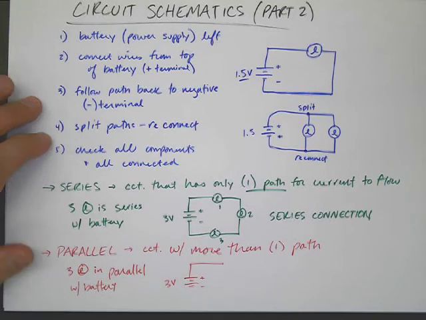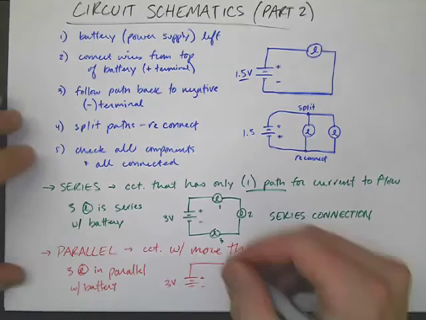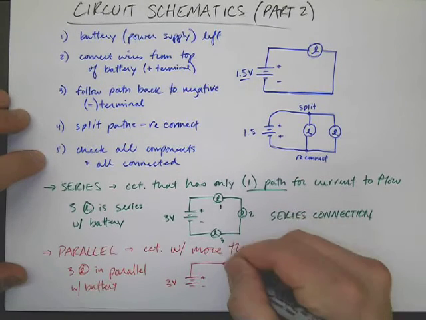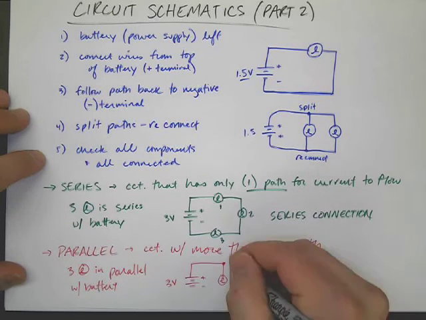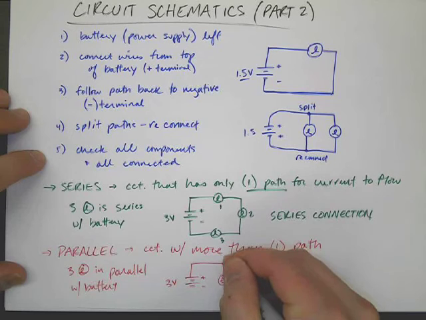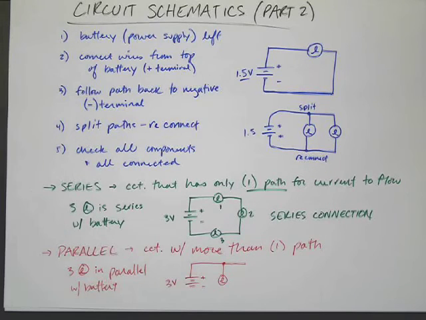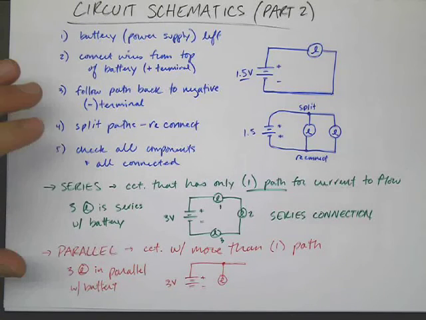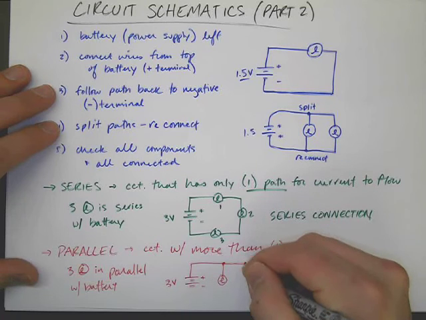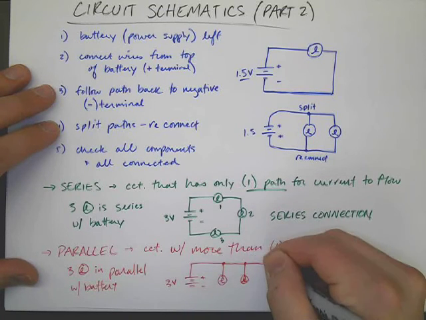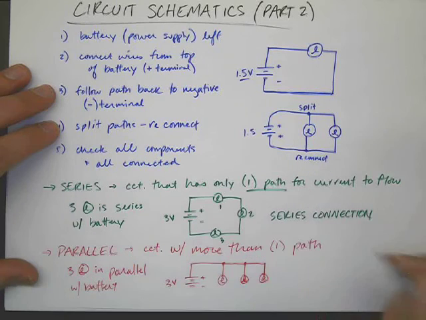Now we're going to have to split the current into multiple paths. So I'm going to put a junction in here, and I'm going to take one path down through the first light bulb. But then I've got to create a second path for my other light bulbs. But there's 3 of them in parallel. So not only do I have to create a second path, but I need to split it again and provide a path for my third light bulb.